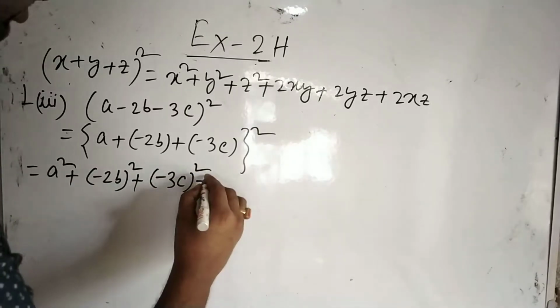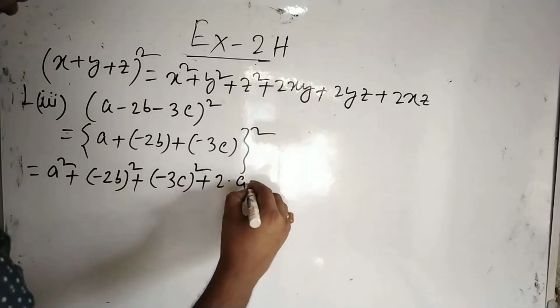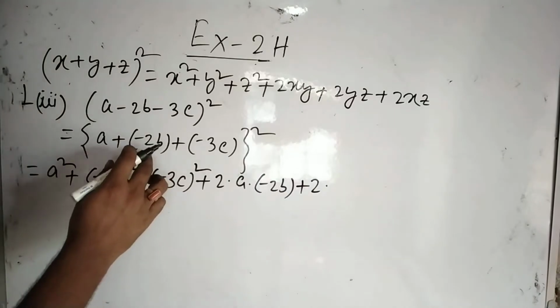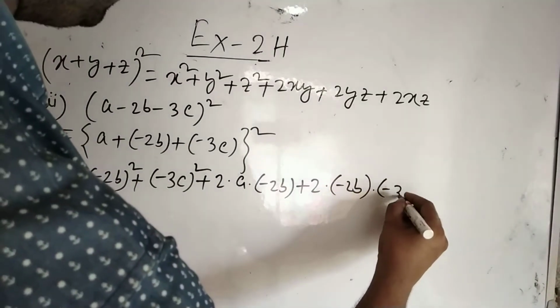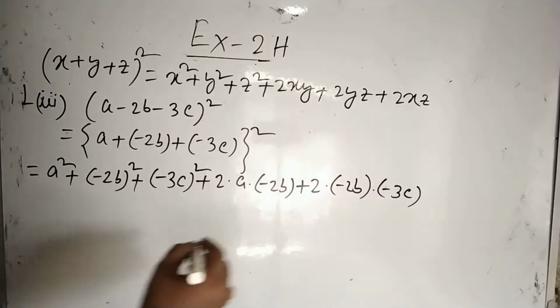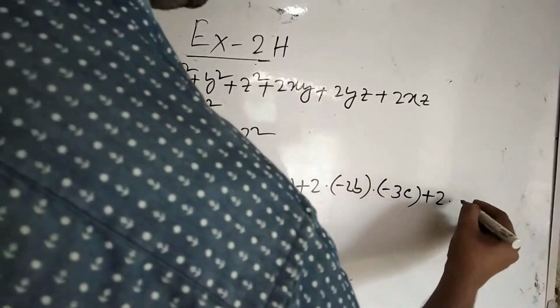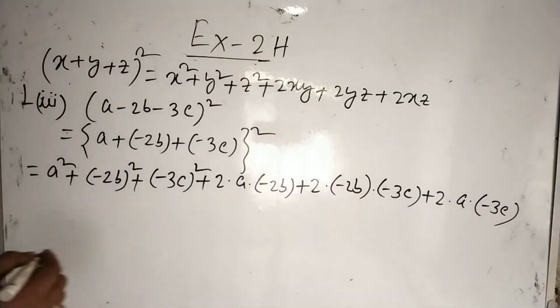plus (minus 3c) whole square, plus 2 into first one and second one, 2 into a into minus 2b, plus 2 into second and third, minus 2b into minus 3c, plus 2 into first and last, a into minus 3c.